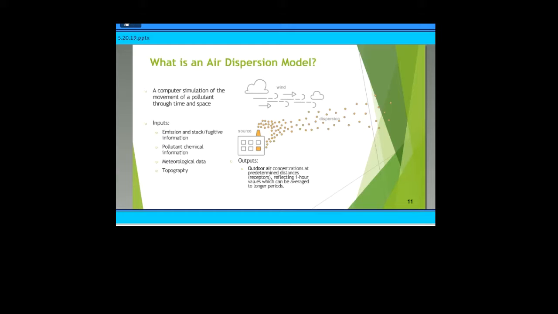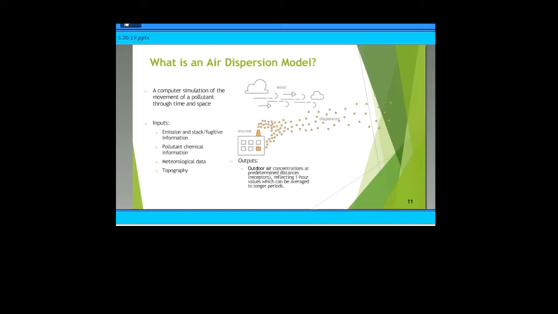And the output is a concentration at what we call receptors, which are distances that are predetermined, that we know where they are, and we can assign these receptors around the model. We call that the modeling domain, and it's a 50-kilometer radius.